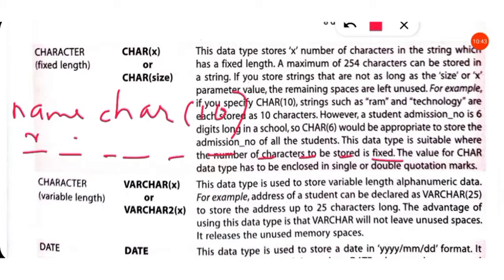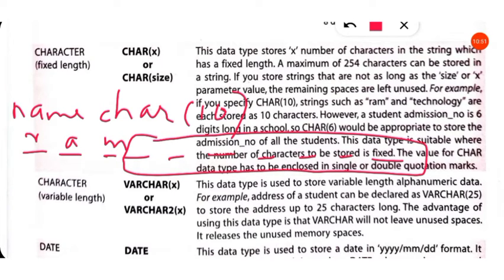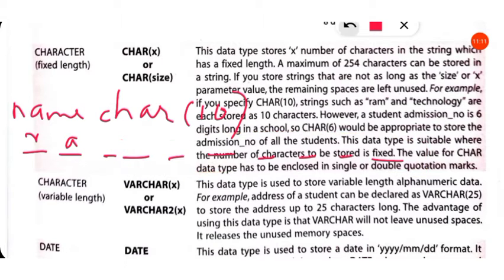If I store RAM here, the other memory spaces are wasted. They are not used by any other names. This whole 10 units is reserved for storing a single name if I use the char data type, and it creates a wastage of memory.